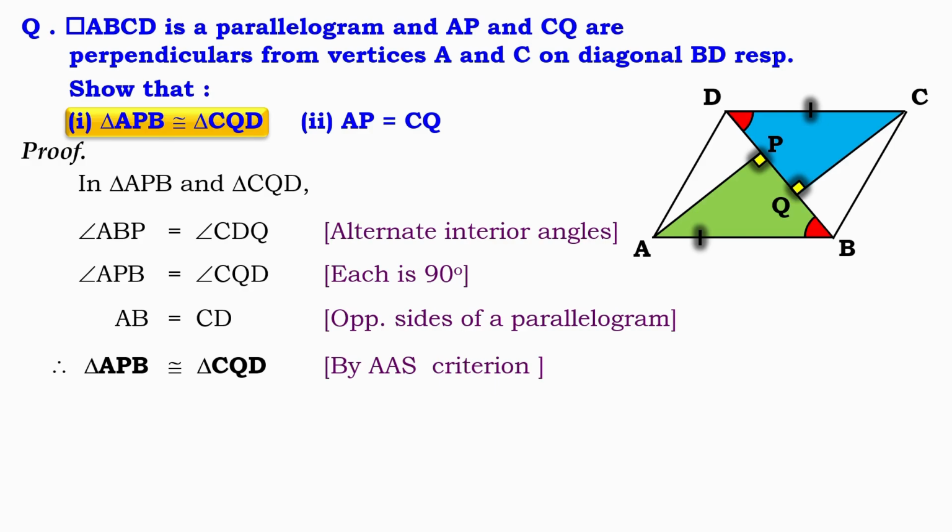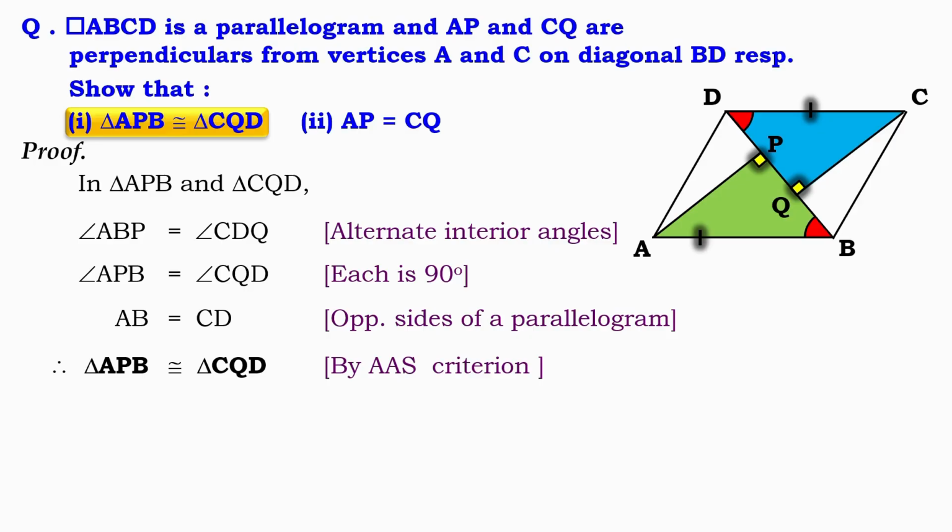Here, two angles are equal, and another side which is not common to the angles is equal. So here we need to apply AAS criteria, not ASA.